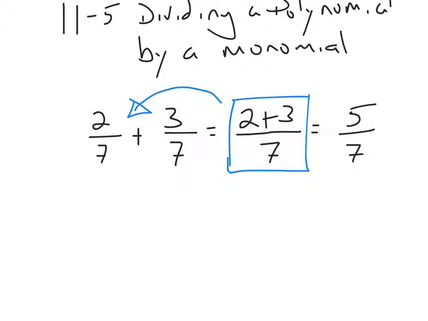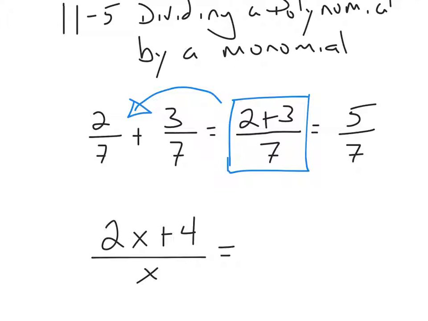Okay. So, we are going to start with a problem like 2x plus 4 and put it all over x. Now, we're going to divide. And here's what's going to happen. We are going to take this, and we are going to break it apart.